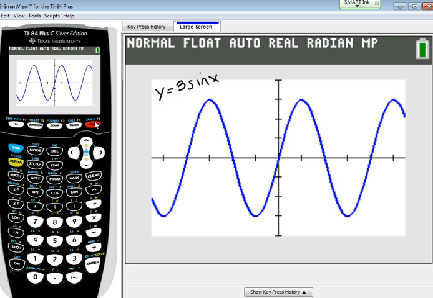This time, what would your frequency be? What's the number in front of the x? It's not there. It's 1. Good. So here, the frequency is 1. That means between 0 and 2 pi, I should only see one full curve.